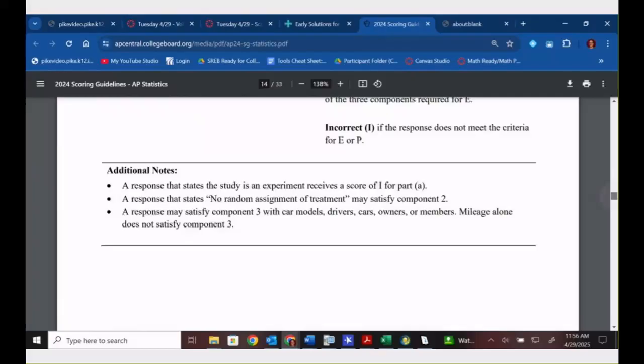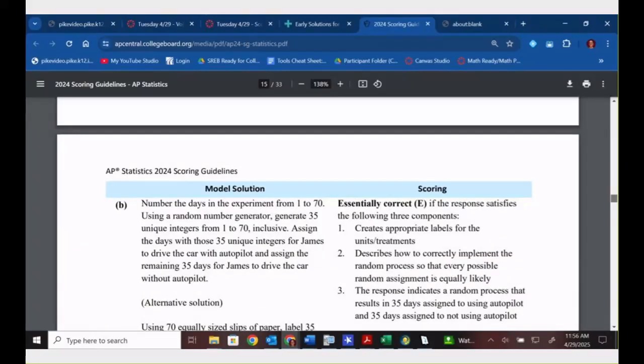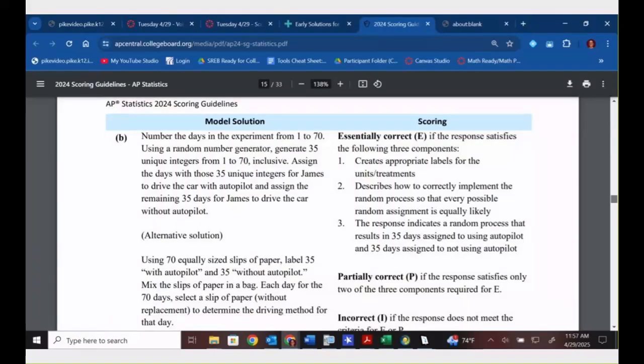All right, part B. We're looking for 3 components here. Creating appropriate labels for the units and the treatments. So in the model solution that we looked at, this is where they said number from 1 to 70. Describes how to correctly implement the random process so that every possible random assignment is equally likely. A random number generator is a really good way to do this.